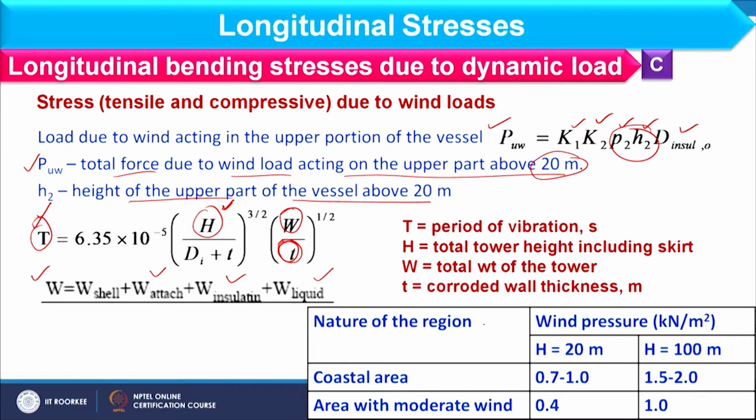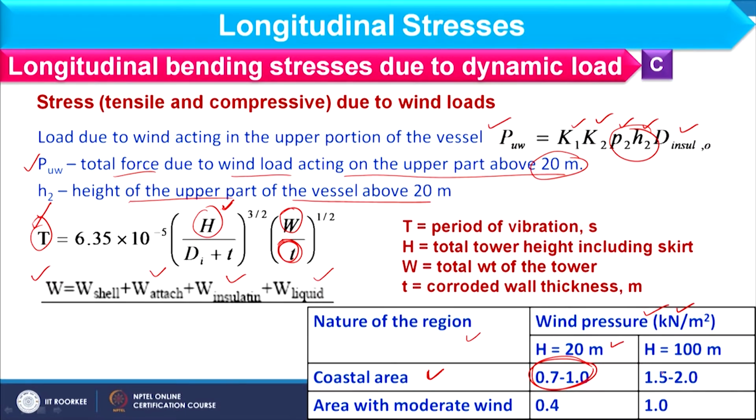Now, let us see how to find out wind pressure. Okay. So, it will depend on the region we are operating in. Let us say if I am having a coastal area, okay, where wind pressure is more. Okay. So, here I am having the wind pressure values, height up to 20 meter, we can consider 0.5, we can consider 0.7 to 1 kilonewton per meter square wind pressure, right.